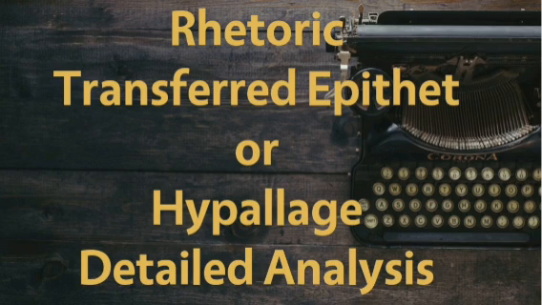Clear? So these are the examples of transferred epithet. You can find several other examples by reading through different books and different poems, which will be helpful for you in understanding.